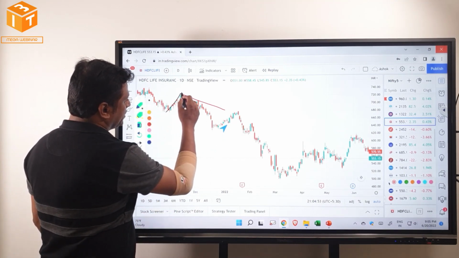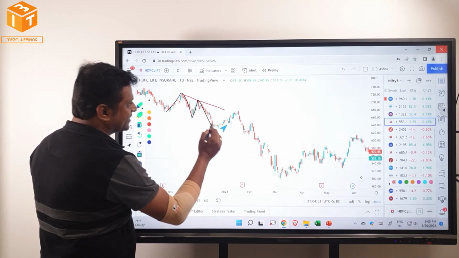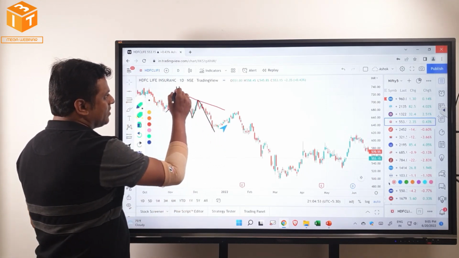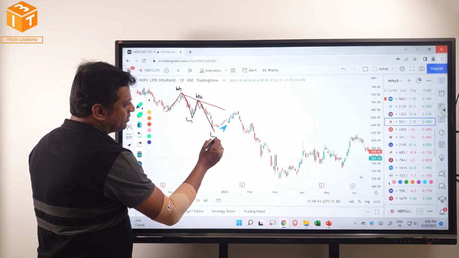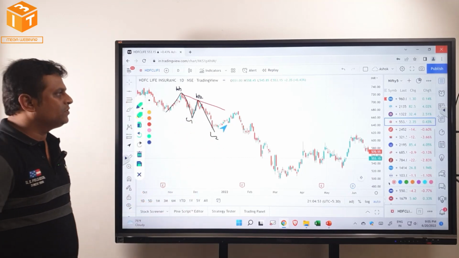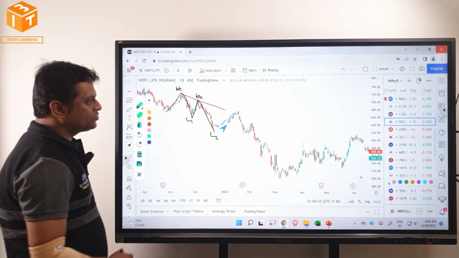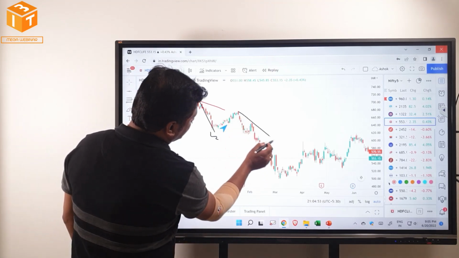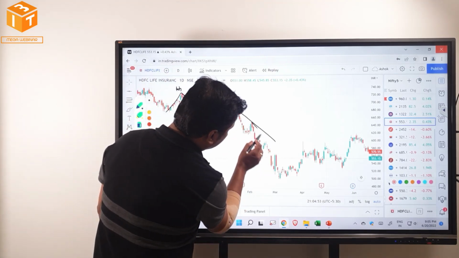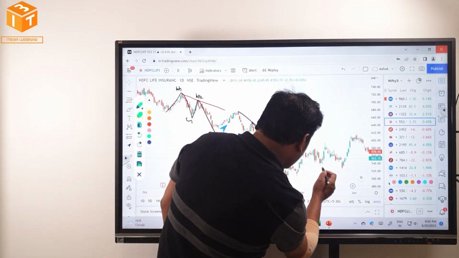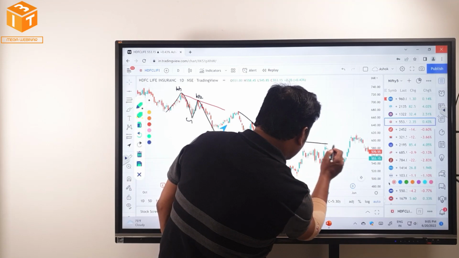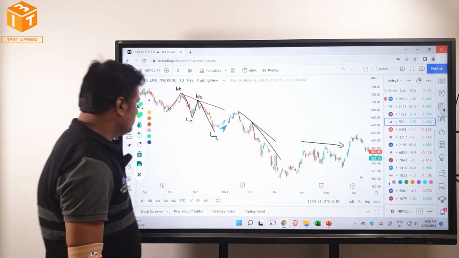Because there are two peaks. Next, my H1 is greater than H2, my L1 is greater than L2. Very, very simple. Three very simple rules. I can draw this trend line. I can draw this trend line. I can draw this trend line also. Pretty much valid.